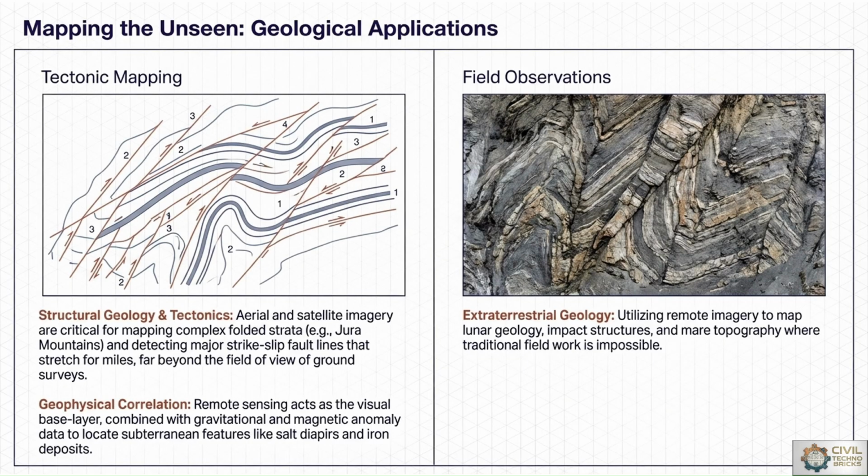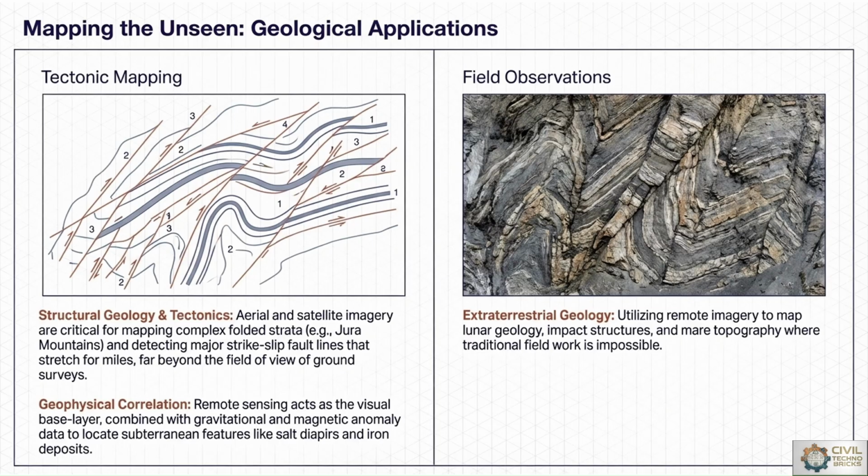The geophysical correlation between them is studied with reference to some advanced tools like remote sensing and GIS. Remote sensing acts as a visual base layer combined with gravitational and magnetic anomaly data to locate subterranean features like salt deposits and iron deposits.